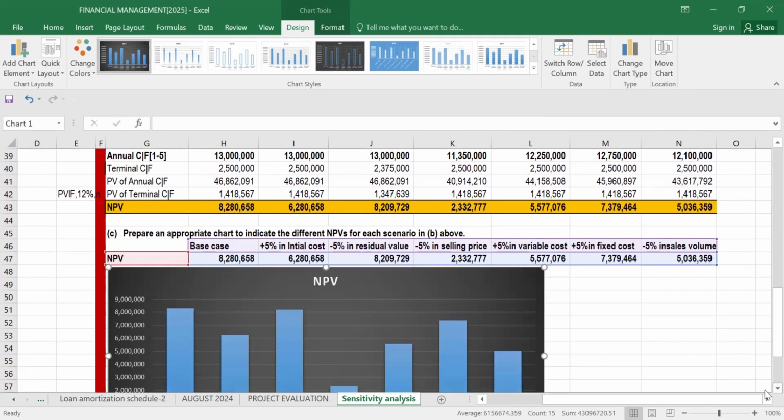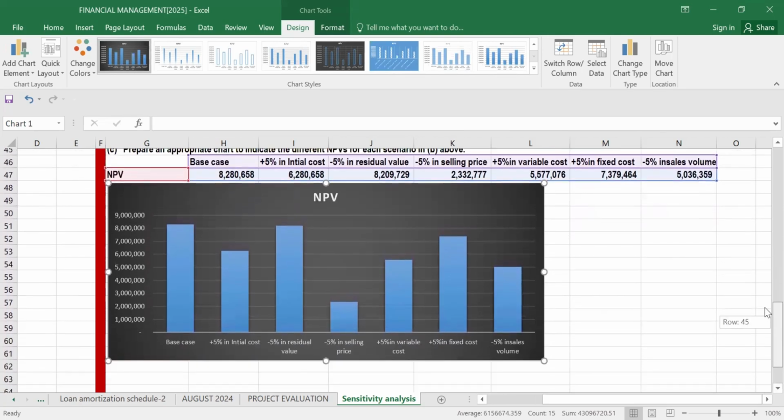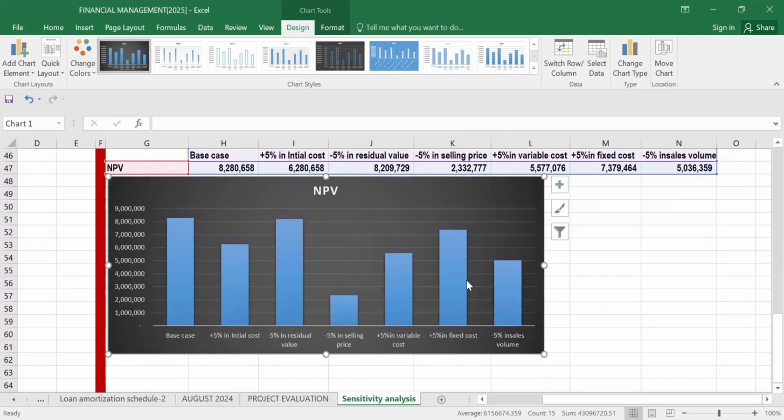So now what do we have here? We have basically a chart showing the NPV of the company at the different scenarios. So you can see, for example, in the best case, our NPV is around 8 million. Or if the initial cost increases by 5%, our NPV reduces to around 6 million.